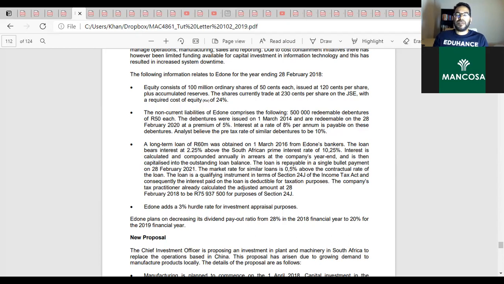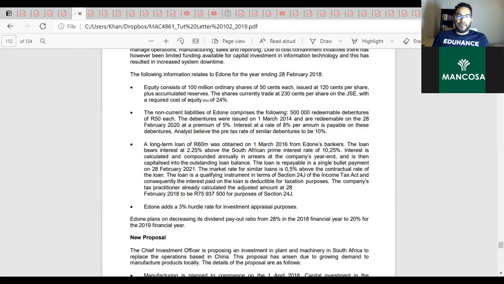We can see there's a specified date of repayment. We took it out on 1 March 2014, and we have to repay it on 28 February 2020. So there is a specified date of repayment. Okay, so that's important. So therefore, when we calculate market value, it's a redeemable, so we can use either the cash flow table or the 5 buttons on the financial calculator.